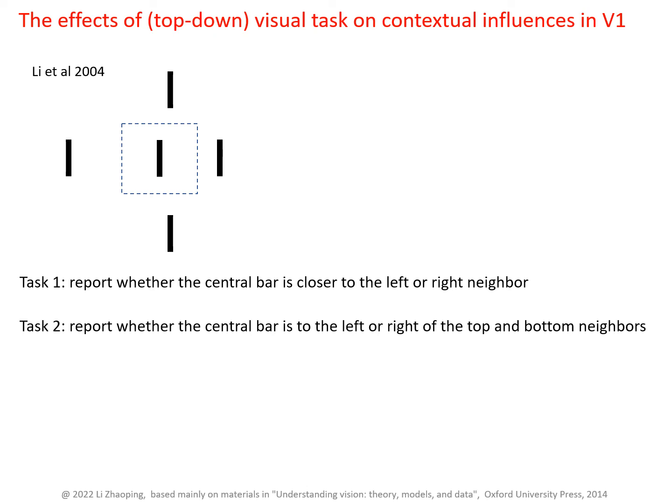Now, when the monkey is doing task 1 rather than task 2, then this neuron's response to the central bar is more influenced by where the left and right neighbors are placed. Conversely, when the monkey is doing task 2 rather than task 1, then the neuron's response to the central bar is more influenced by where the top and bottom neighbors are placed.